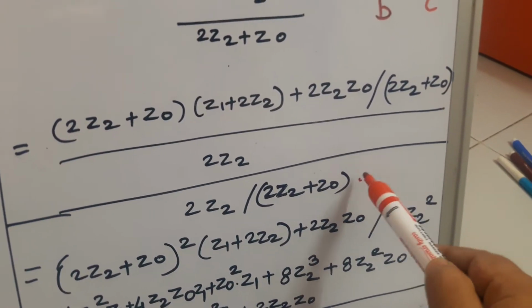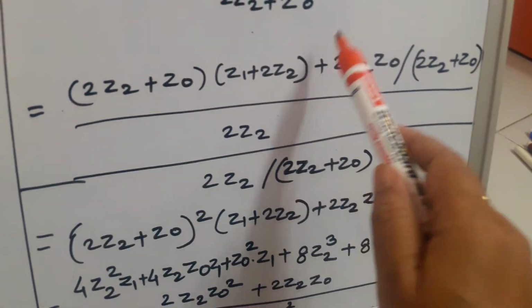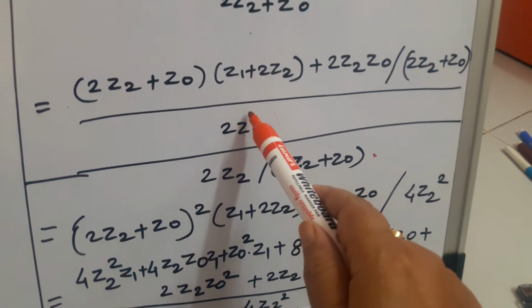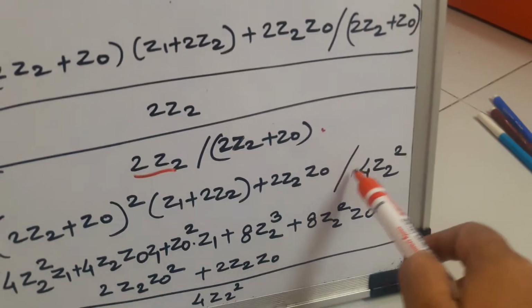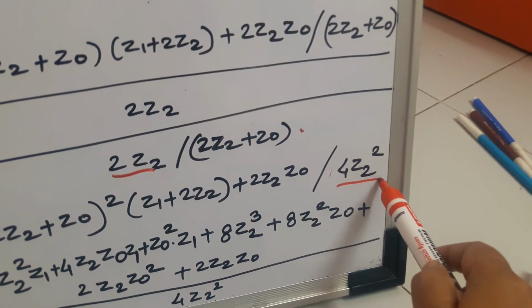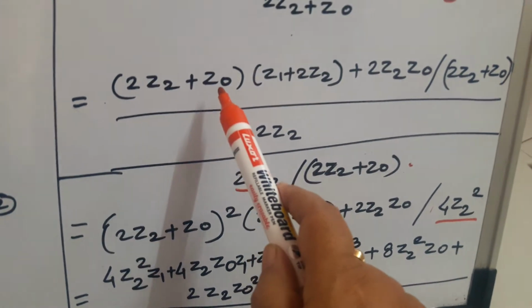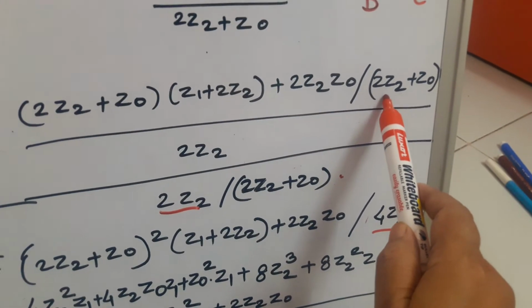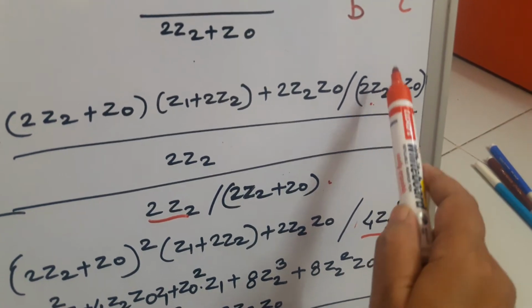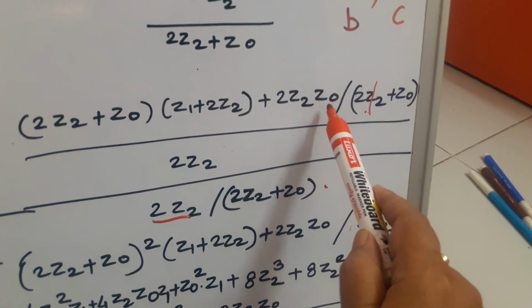Now this will be in the numerator. So let us multiply this 2 times Z2 by this 2 times Z2. So we will have the denominator as 4 times Z2 square and the numerator term will be 2 times Z2 plus Z0 square plus, here this bracket itself is present in the denominator, so it will get cancelled. So we will have only this term 2 times Z2 into Z0.